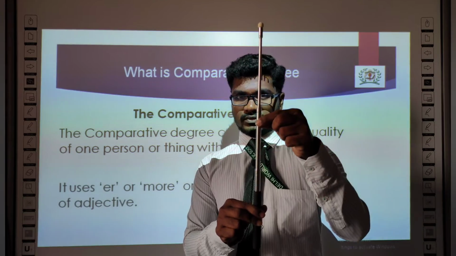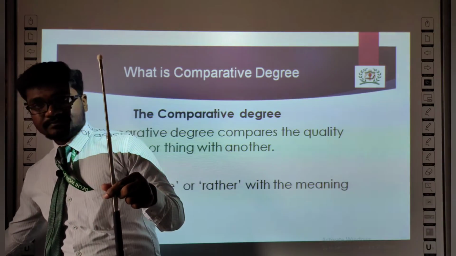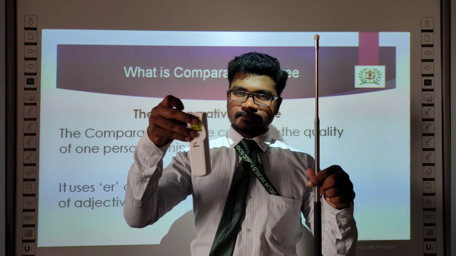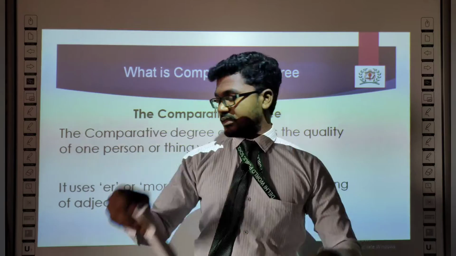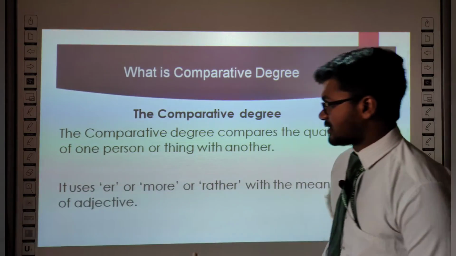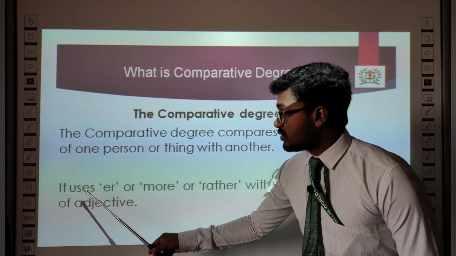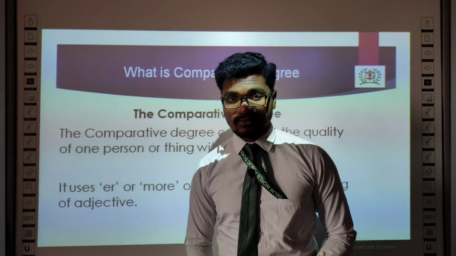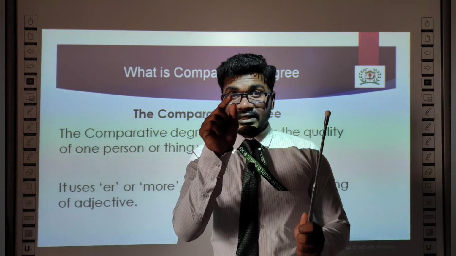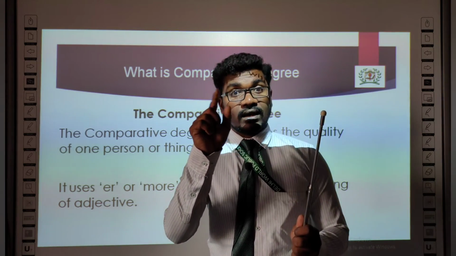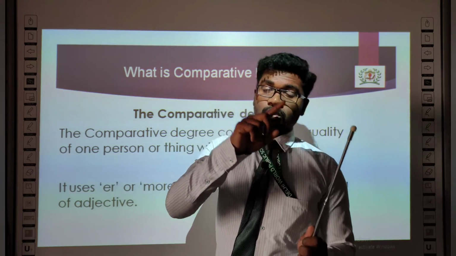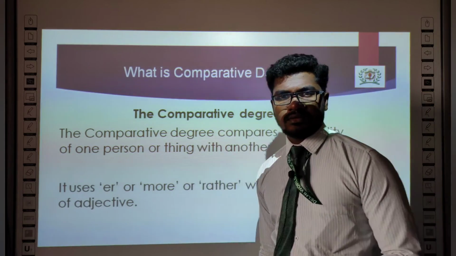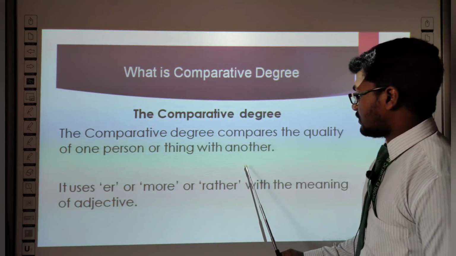So it is said to be positive. Now if I have another thing, I can compare. So this is said to be comparative. It uses er or more with the adjective. We should add er or more plus the adjective. We will see the example. It will be very easy to understand.